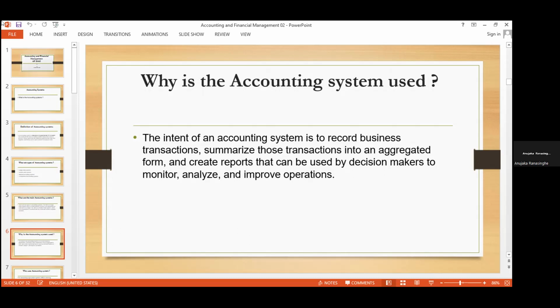We want an accounting system to prepare records of transactions, so other parties can make decisions, analyze, and compare with other similar companies and past records.